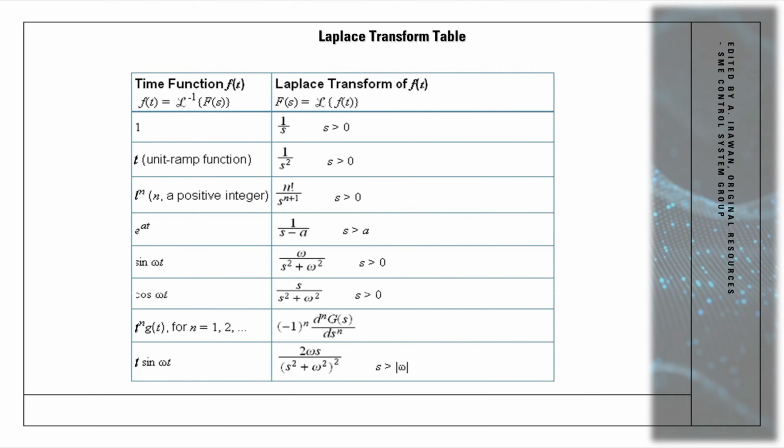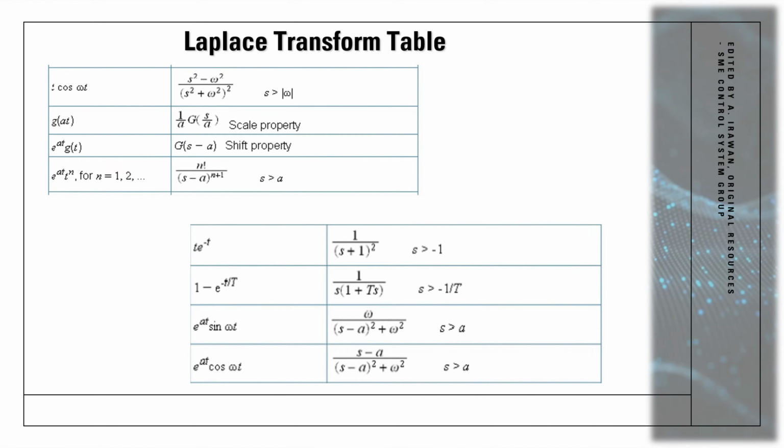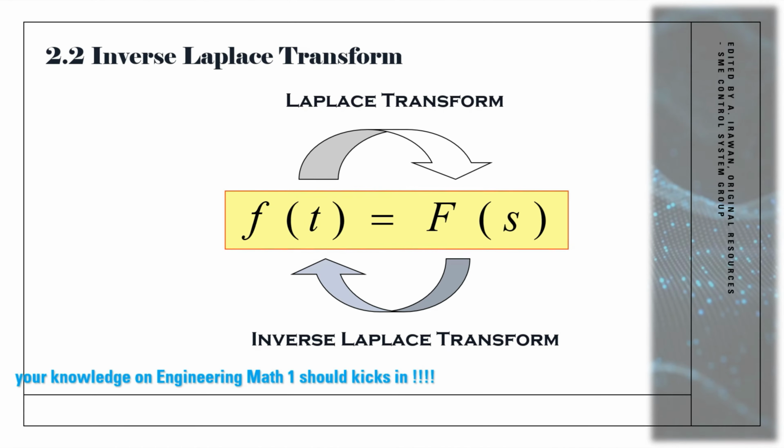After you do some fraction simplification on your S domain equations, you can use this table to convert from the S domain to the time domain, or from the time domain to the S domain.